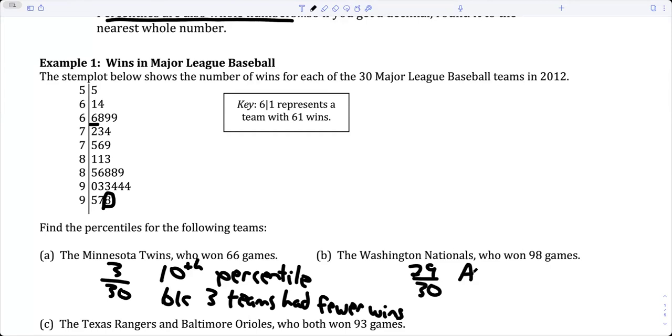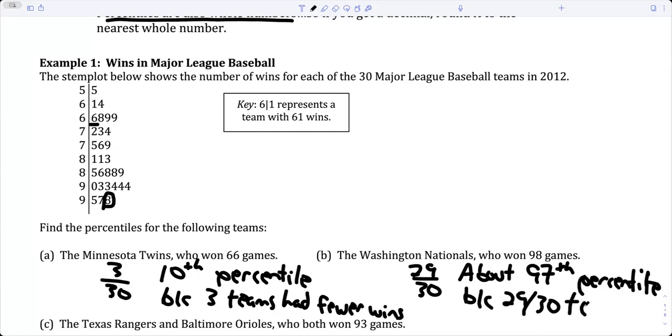Well, we're going to say about the 97th percentile. Because 29 out of 30 teams had fewer wins.